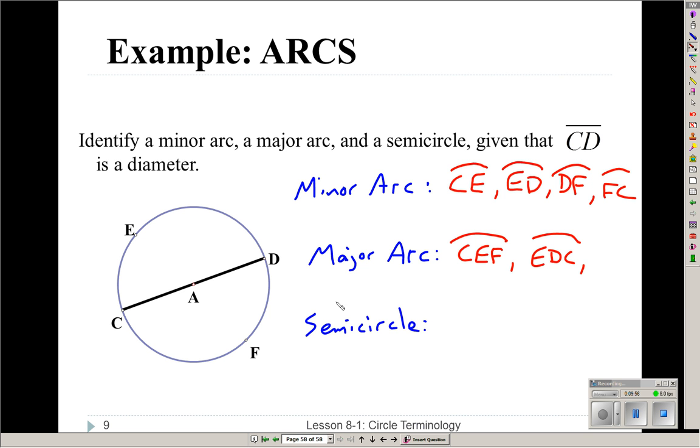You also have the long way from D to E, that would be DFE or DCE. And the last one goes from F around to D, and that's FCD or FED.